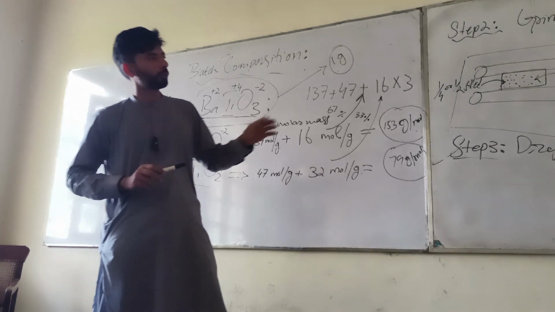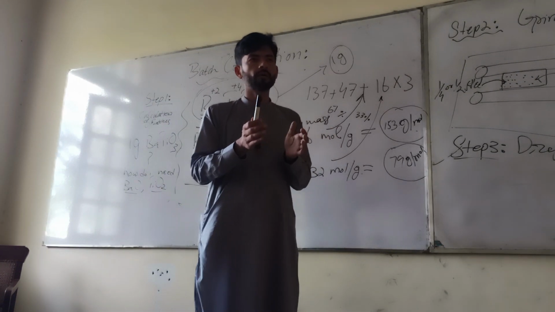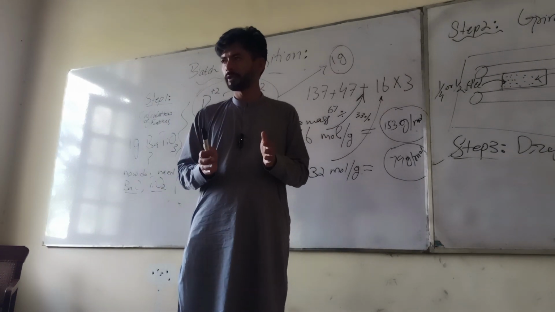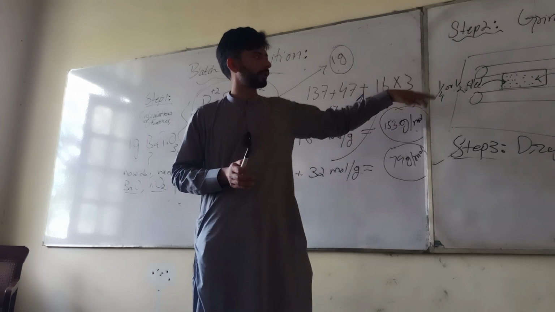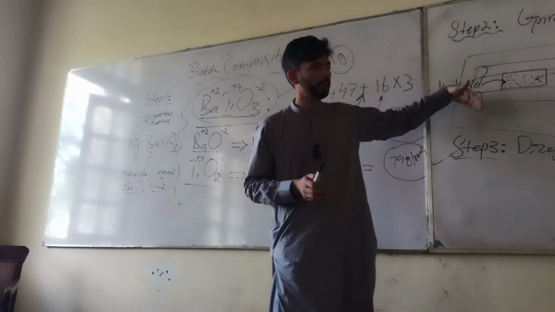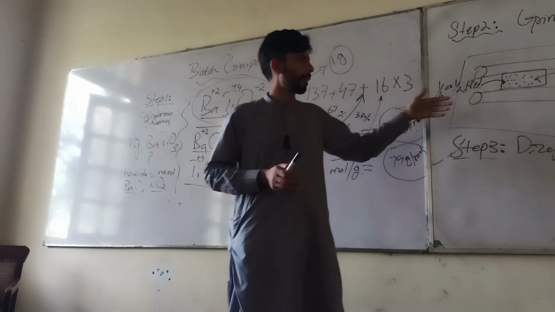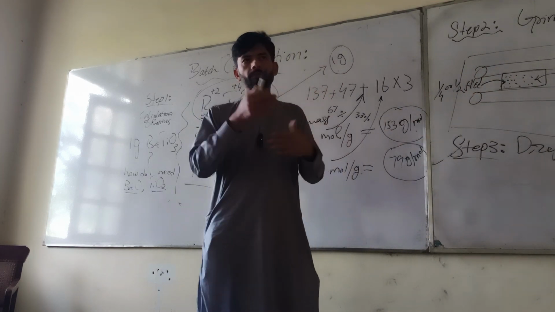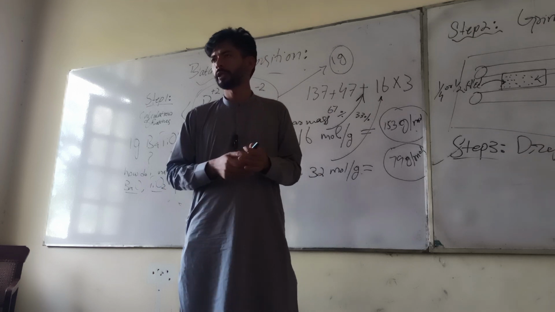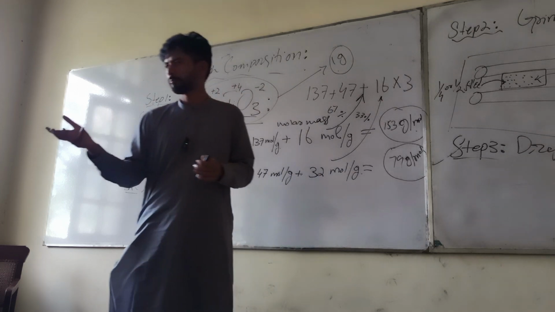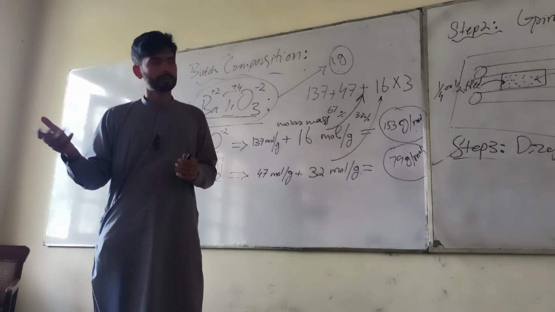And then put that jar, half filled or 1/4 filled, over the rotating ball mill, that is called a ball mill. Okay, and after 10 hours, 20 hours, you will get a uniform mixture.